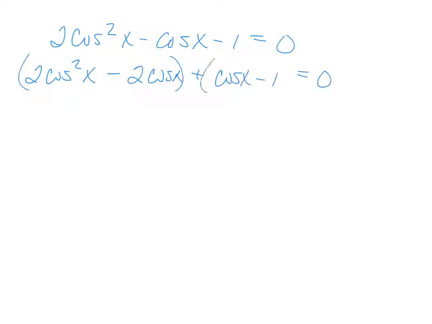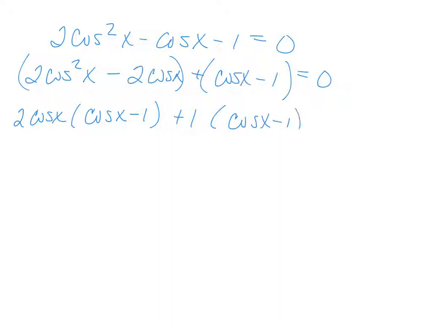Factor by grouping. I can take out a 2 cosine x, and I get a cosine x minus 1, cosine x minus 1 equals 0.